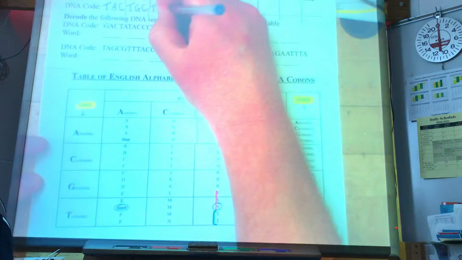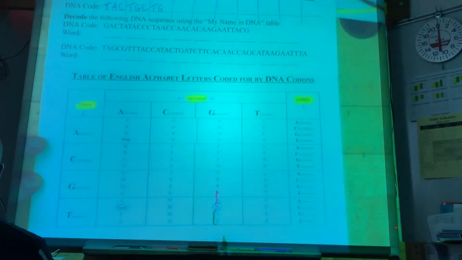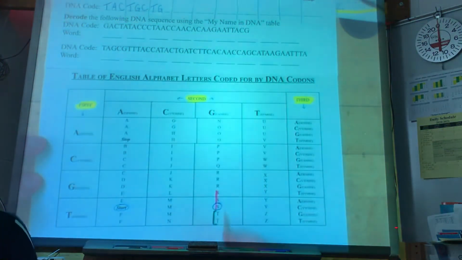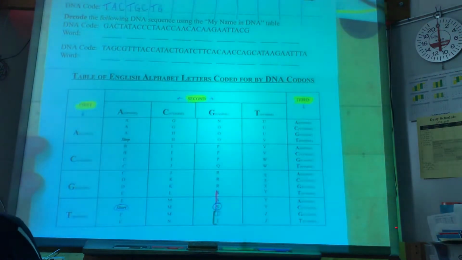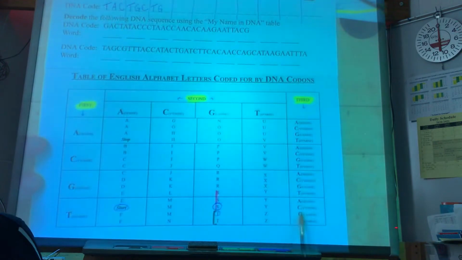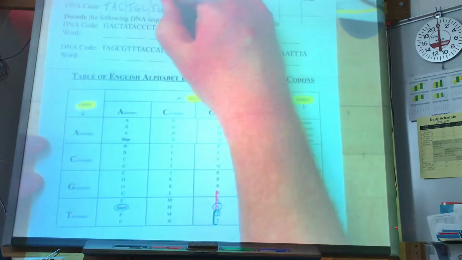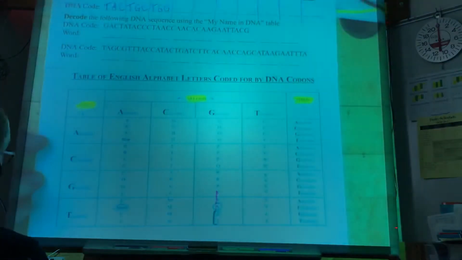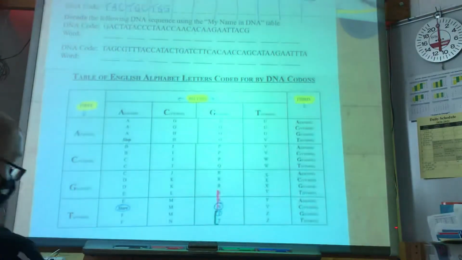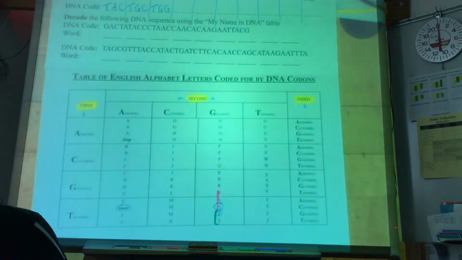A G, because we go up that column and the second letter is a G. Now, depending upon which T you pick, top or bottom, which one do we want? Top. So the first letter is a T, the second letter is a G, and if we choose the top of those 2 T's, then our third letter is going to be a G. But had you chosen the bottom T, then it'd be TGT.